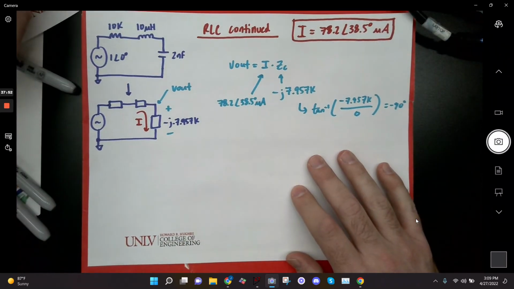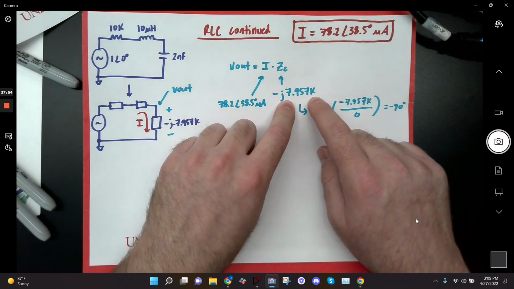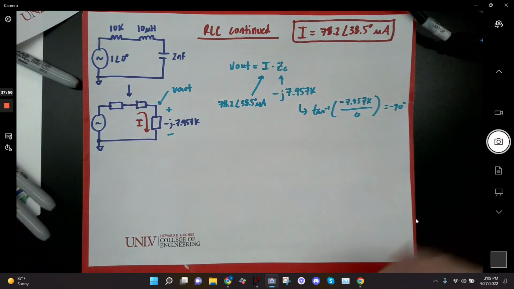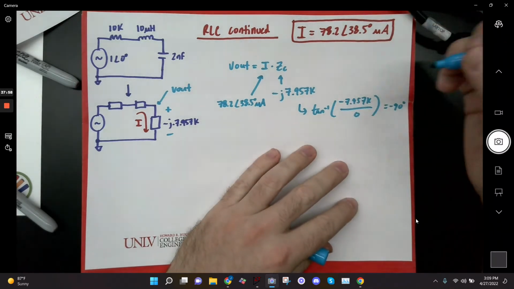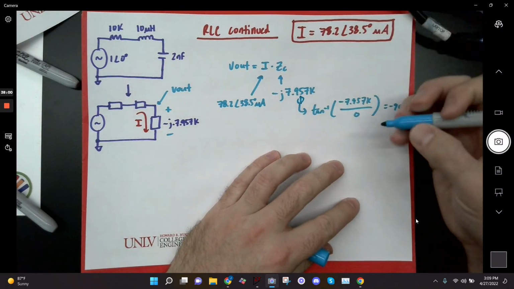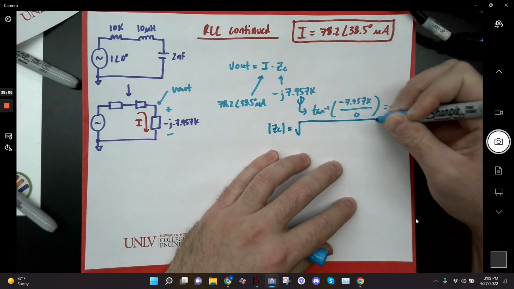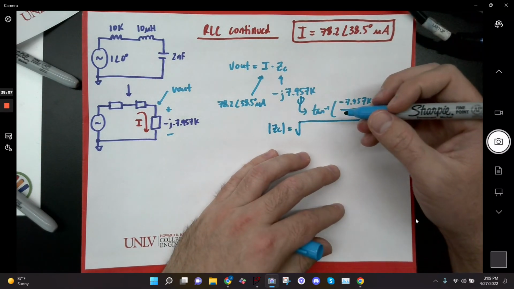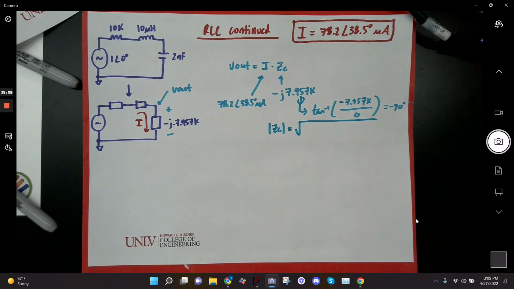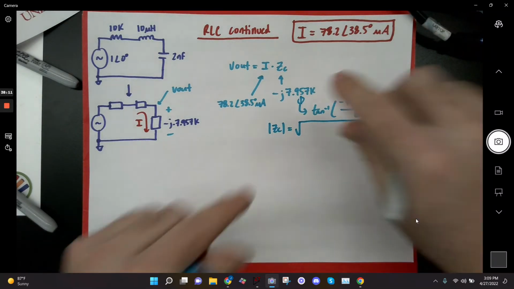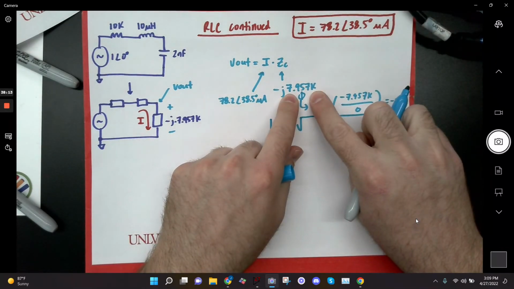Now I need to find my magnitude. My magnitude will always just be this value if there's no real part, because what I'm doing for my magnitude is the square root of the real part squared plus the imaginary part squared. Well, the real part's 0. So all I'm doing is a square root of the square of this, which is itself, right?